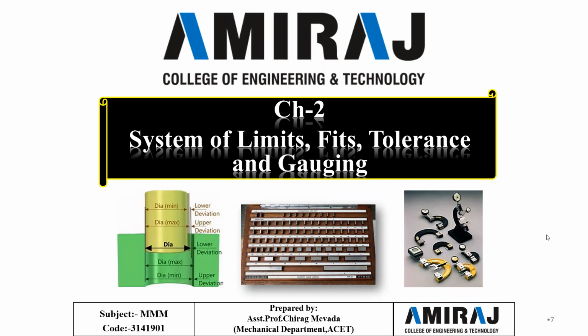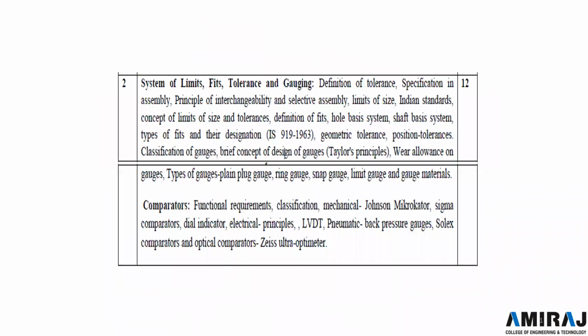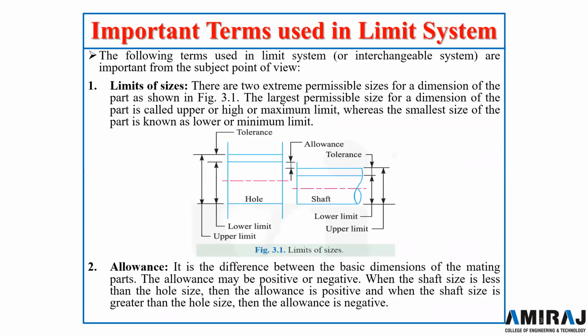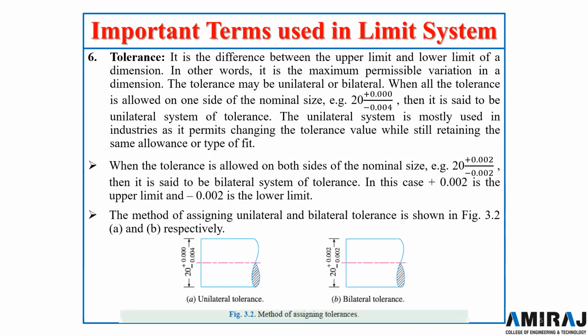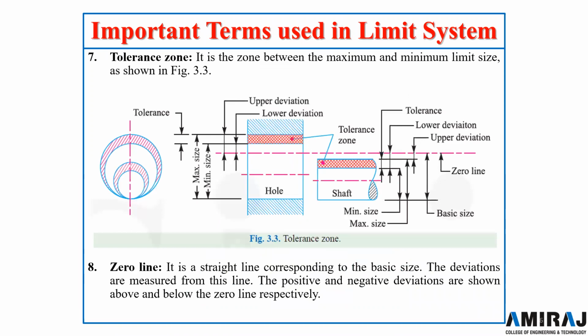First I explained the various terminologies: what is interchangeability, then the limits, what is allowance, what is tolerance. So the syllabus, then interchangeability, limits of size, allowance, nominal size, basic size, actual size, tolerance, tolerance zone.